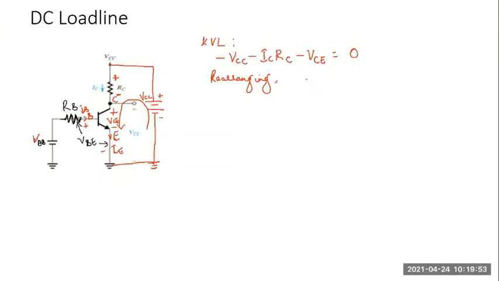I want IC on the left hand side and the rest, since everything is minus, I can multiply it with a negative sign and everything will become positive. So if I just multiply everything with a negative sign on both sides of the equation, it becomes positive.